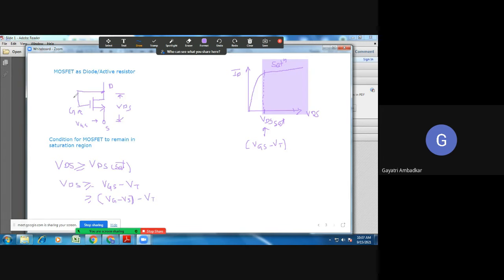Now in this case, when I am connecting gate and drain together, VG equal to VD. As the gate is connected to the drain, the value of gate voltage VG is equal to the value of drain voltage VD. VG is equal to VD.